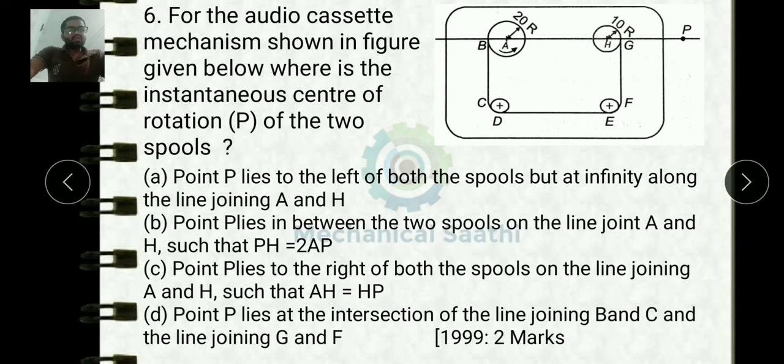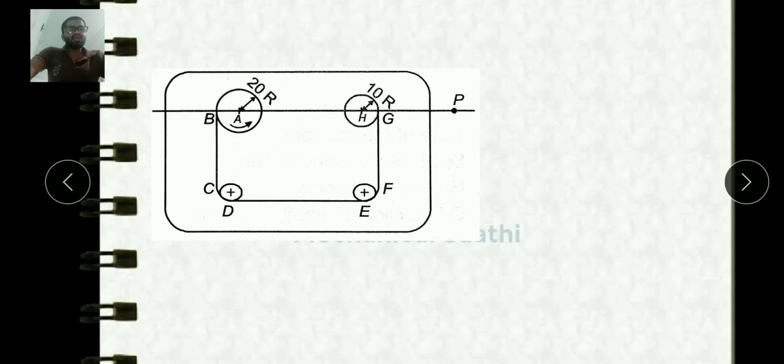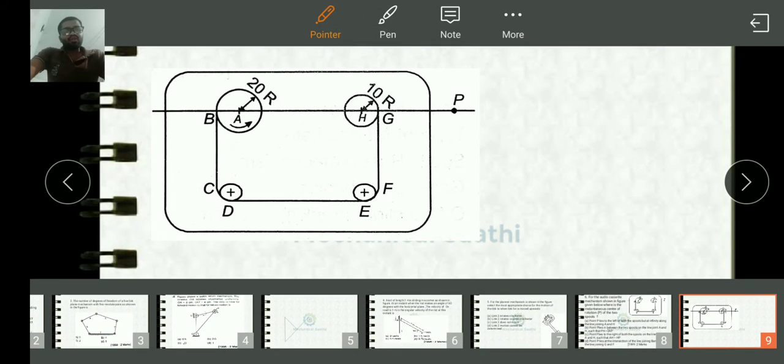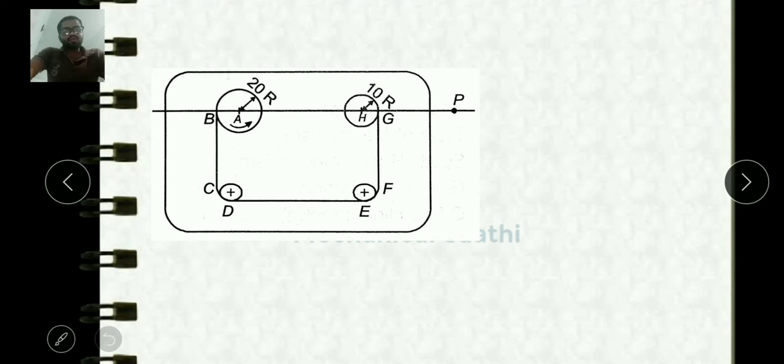We need to calculate the location of the instantaneous center of rotation, that is P. So let me name them: this will be link 1, the cassette, this will be link 2, this will be link 3, the rotating element, and this will be link 4.